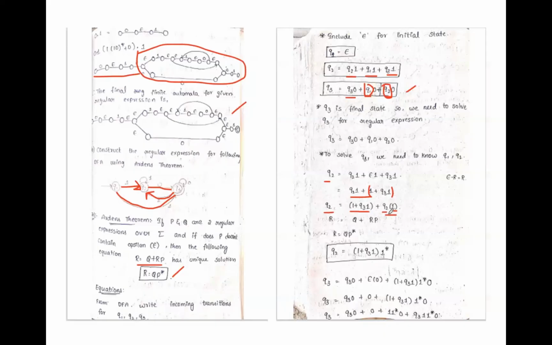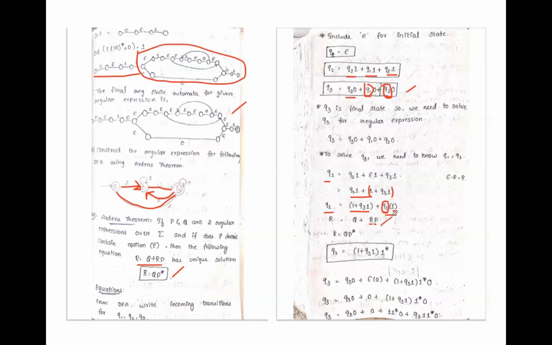Q2 is R, multiplied by 1, which is P, added to 1 plus Q3 1, which we take as Q.